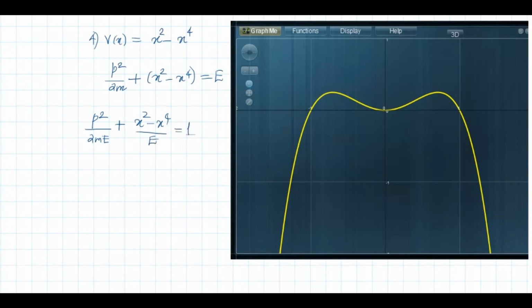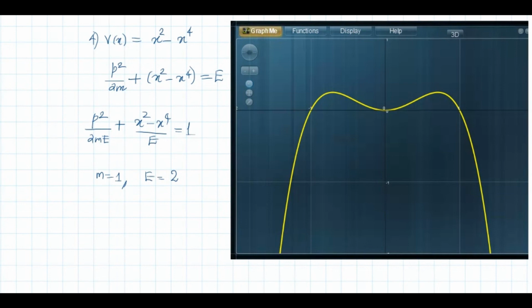Let me take m equal to 1 and E equal to 2.